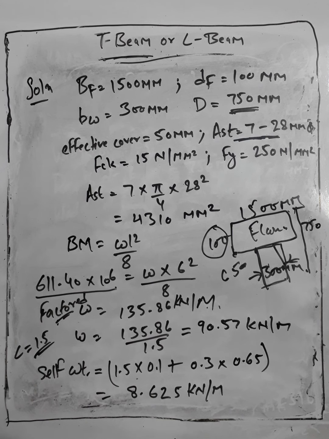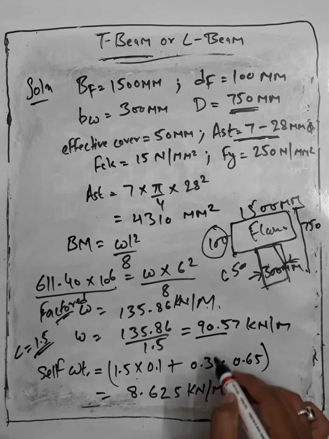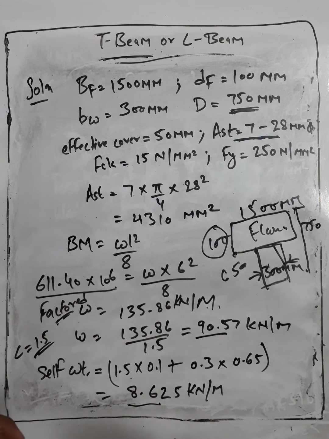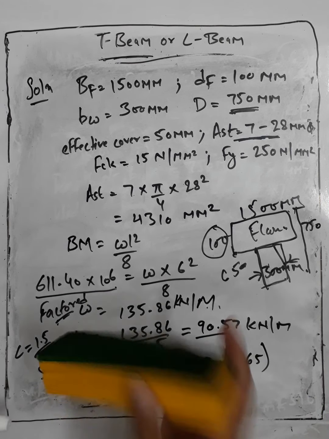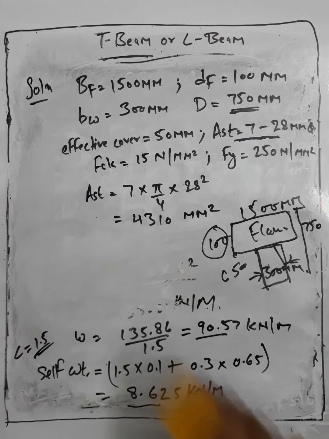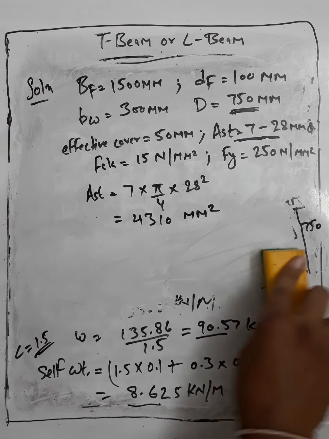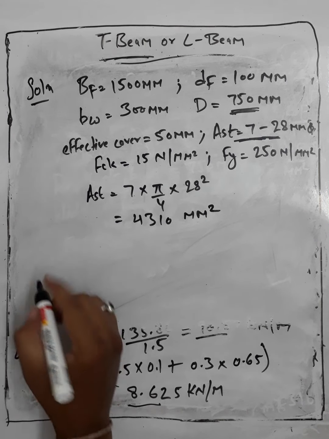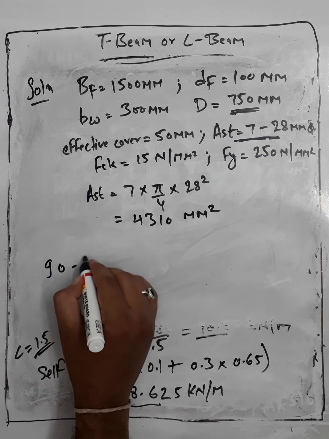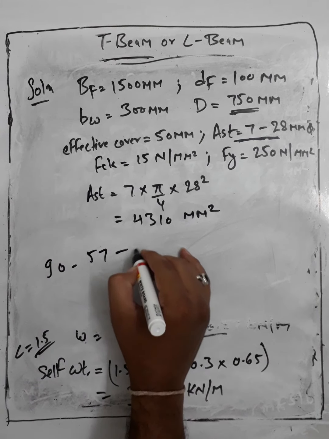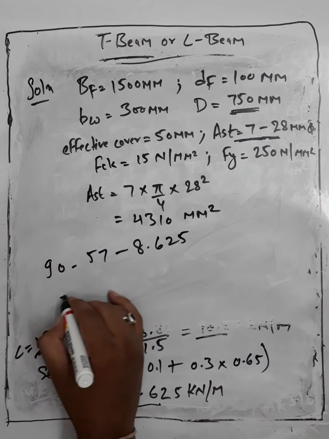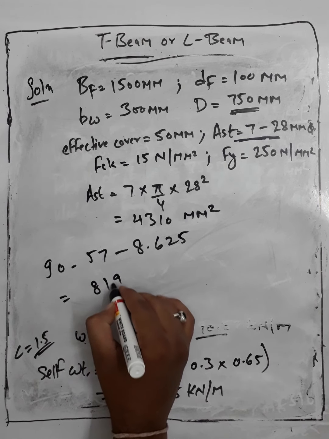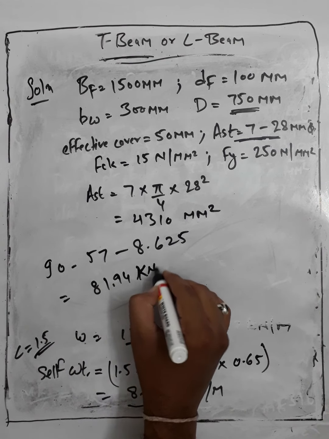So the final load which acts on the beam is this value subtract this value, means 90.57 minus 8.625, here you get 81.94 kilonewton per meter.